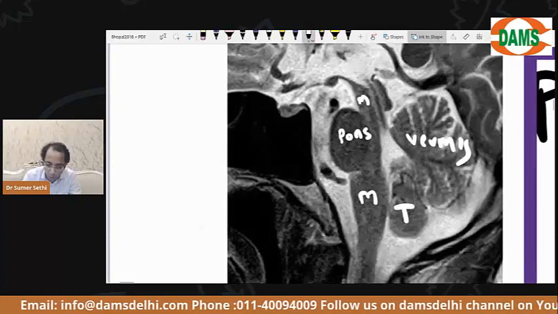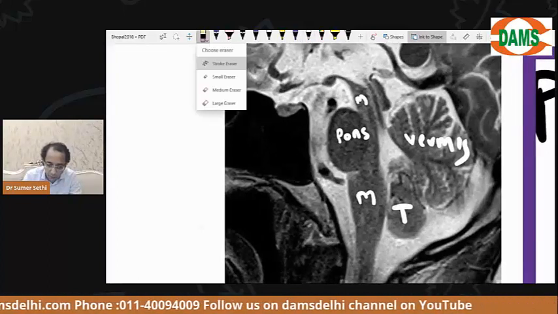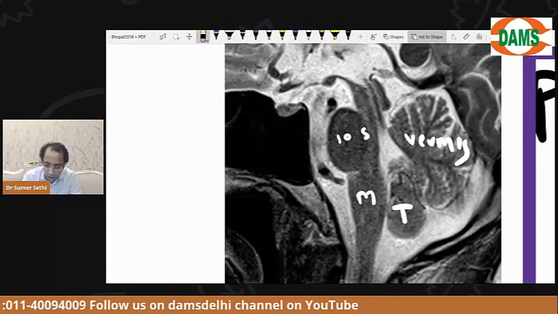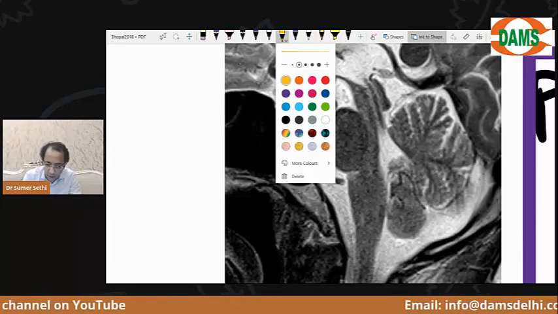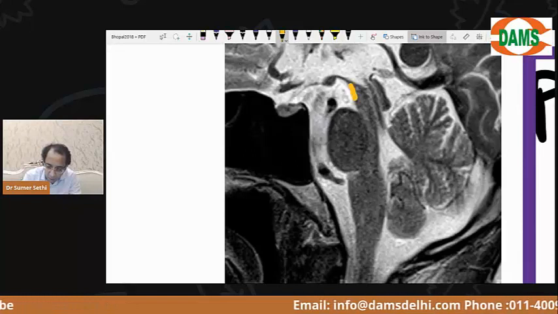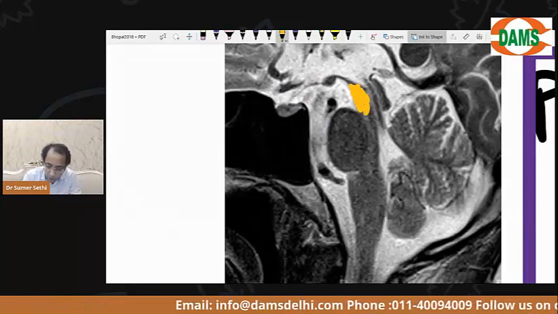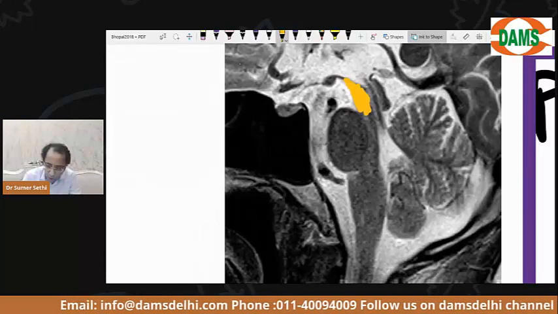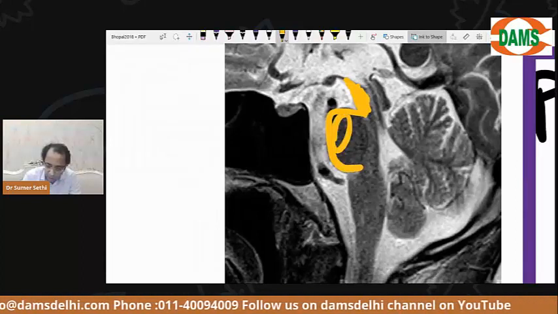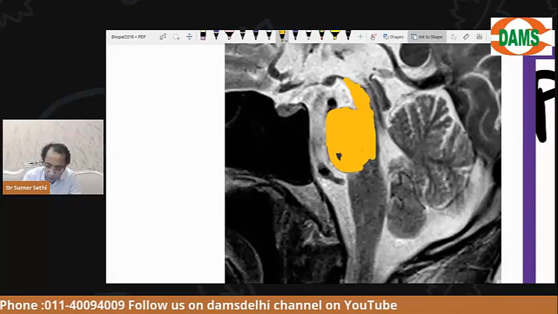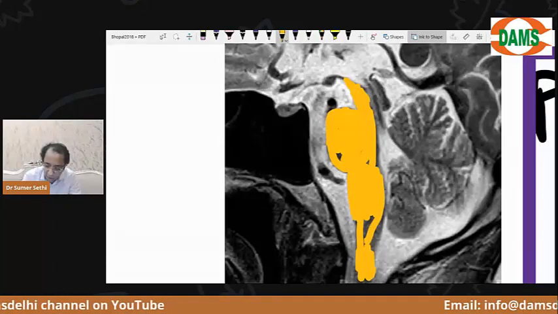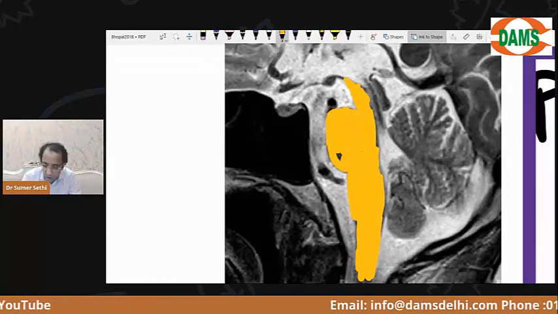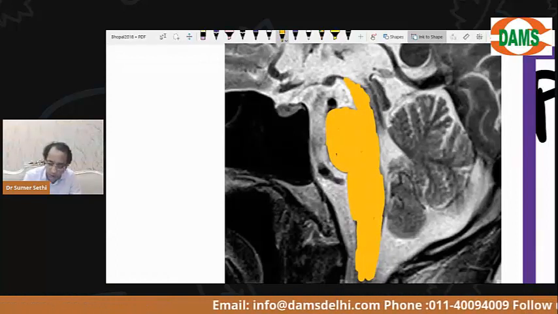Now I want you to look at the midbrain and the pons and the medulla again. Look at the size of the midbrain. So midbrain looks thinned out. It is so thin. Look at the size of the pons. Pons is so fat. Even the medulla is fatter than the midbrain. Even the spinal cord is fatter than the midbrain. That means we must be looking at midbrain atrophy.